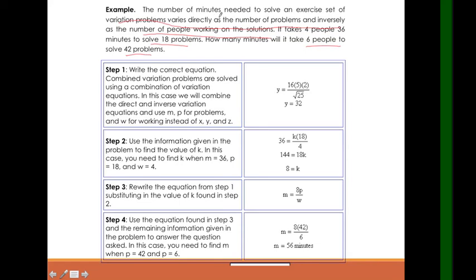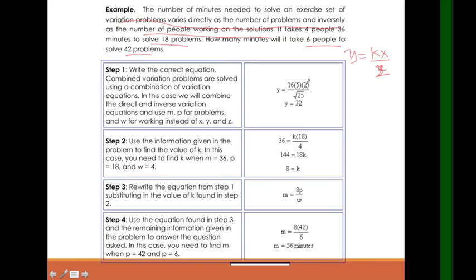The number of minutes, which is y, to solve the exercise set of variation problems varies directly as the number of problems, which is the x, and inversely as the number of people working on the solution.